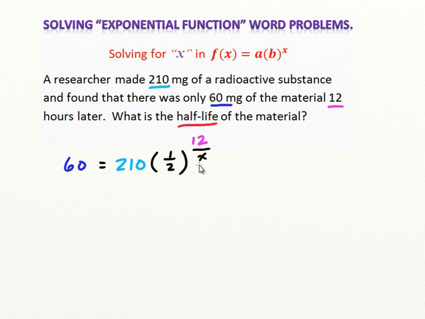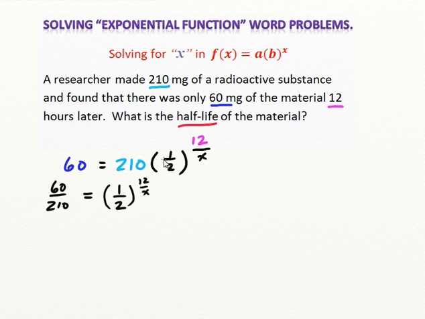Solving this is identical to the previous example that we just did. We just have to be careful in the last step. So we're just going to follow the same steps. We're going to take the 60 and divide it by 210 so we can get this base all by itself. So we'll have 60 divided by 210 is equal to 1/2 to the exponent 12 over x.